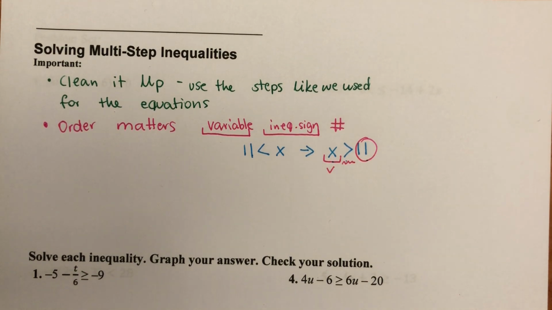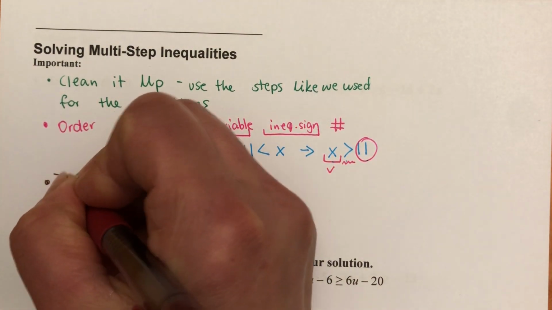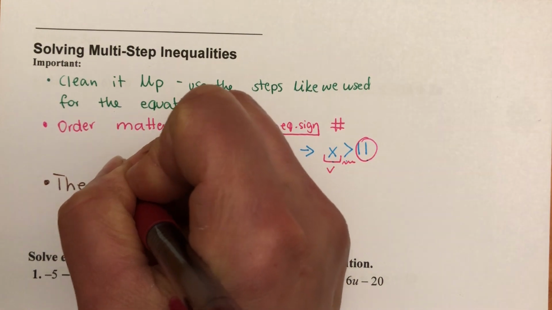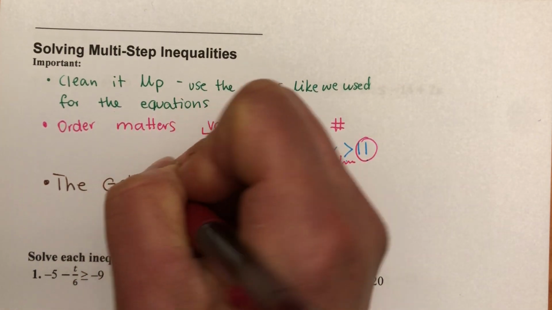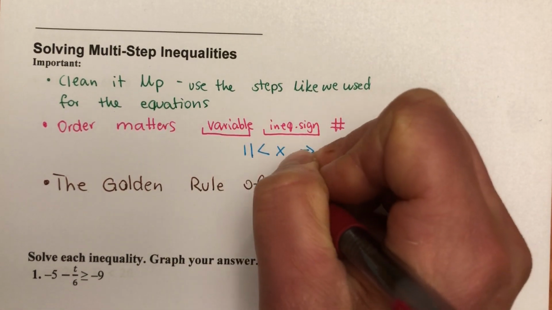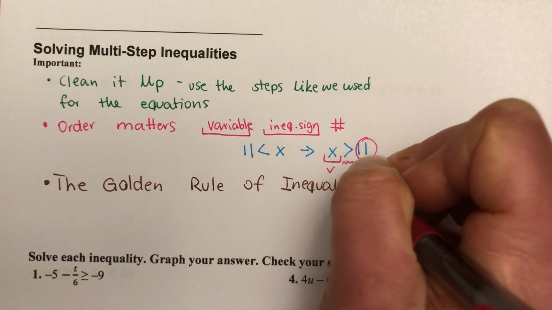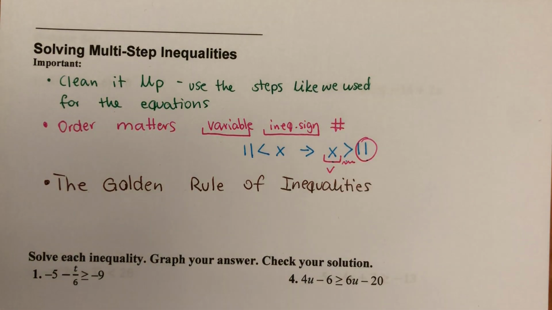All right, now the most important thing about inequalities is the golden rule of inequalities. And what does the golden rule of inequalities say?